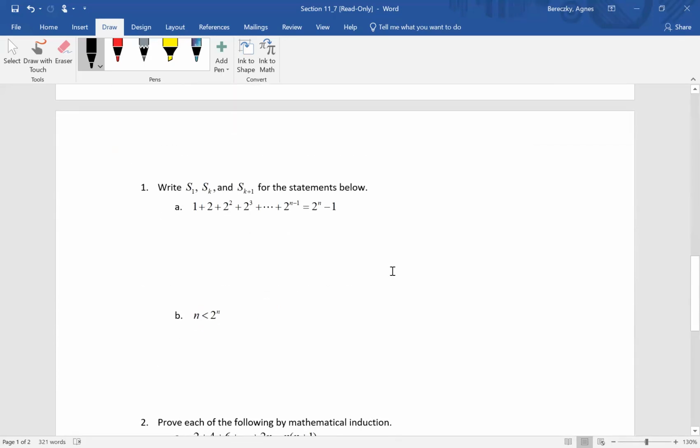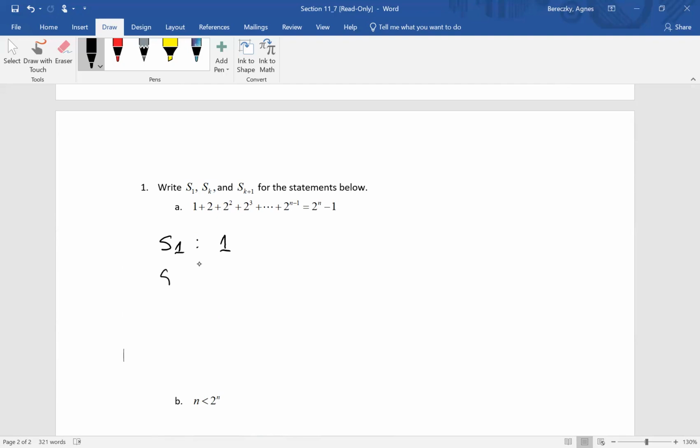Let's use mathematical induction and then prove the following. First, we're going to just write S1, Sk, and Sk plus 1, understanding what they mean. S1 just means the first term.